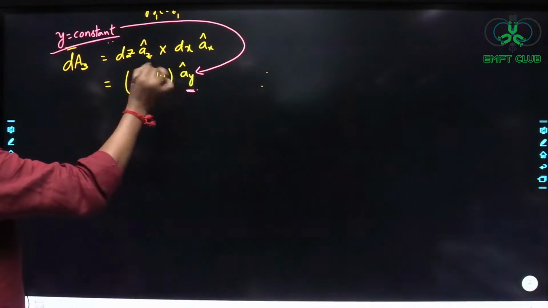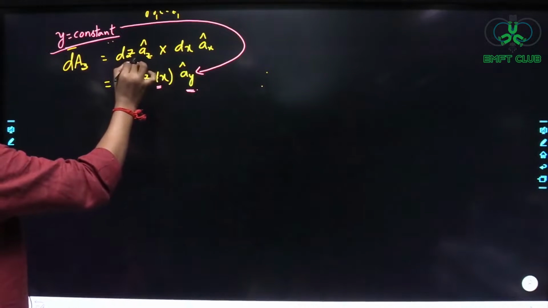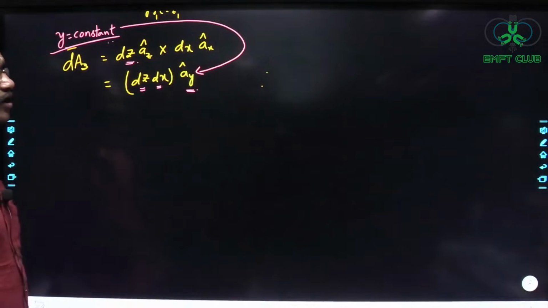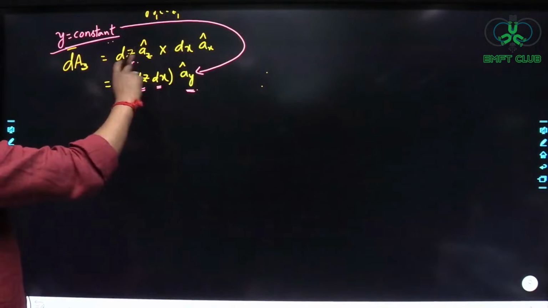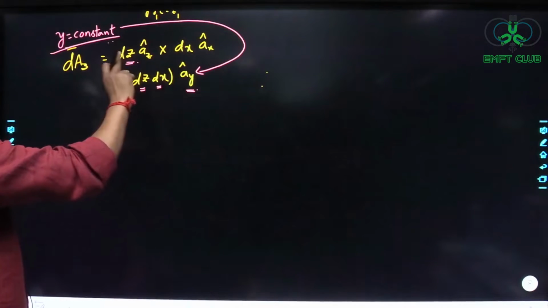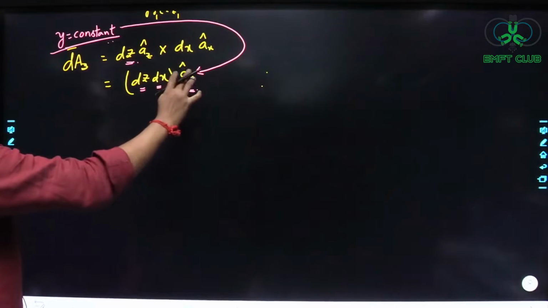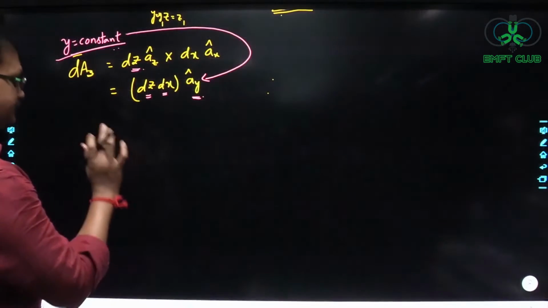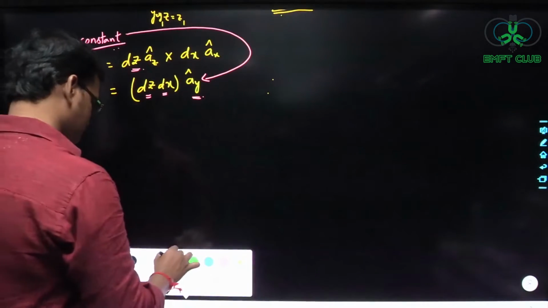Whenever you are enclosing the surface from z to x. Understood? If you enclose the surface from x to z, then you are going to get minus ay cap. Understood? Okay. So keep these points in mind, right?